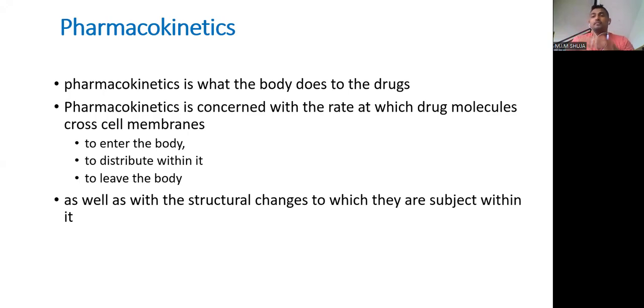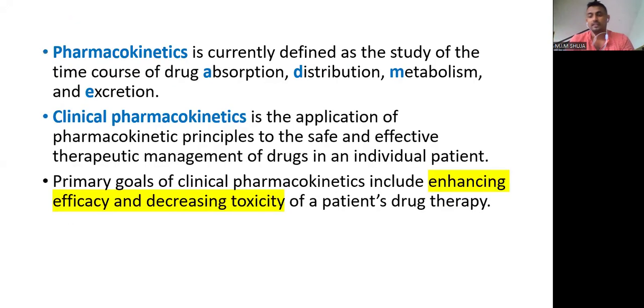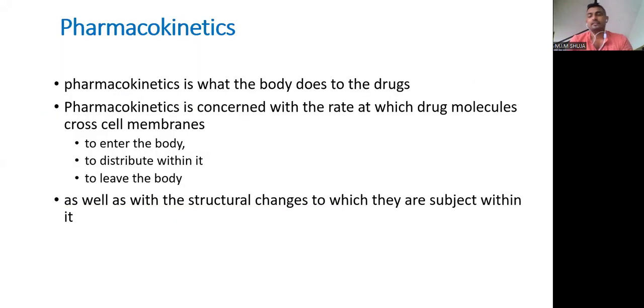Then once the work is done, it will return via the circulation and either go to the liver or to the kidney or again from the GI tract, it gets eliminated from your body.